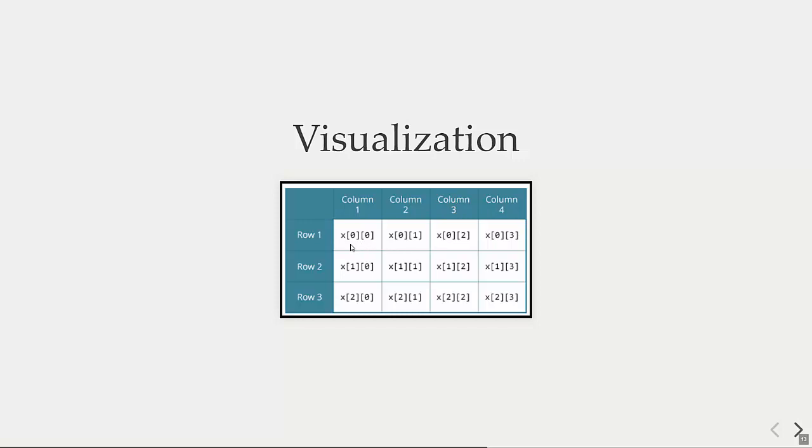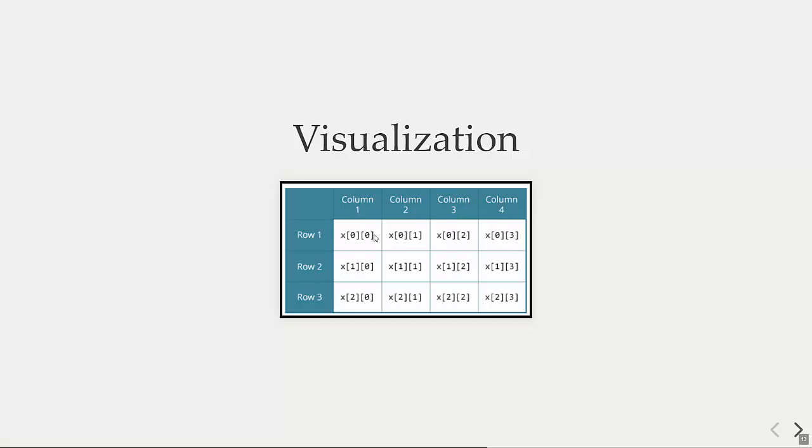So the first element will have the index 0 comma 0, that means the first row, first column. The second one is in the same row, but the column is the second column, that means index 1. The third one is again the same row, but the column index is 2.